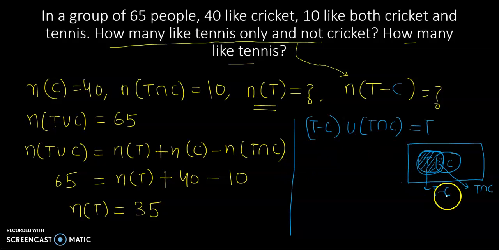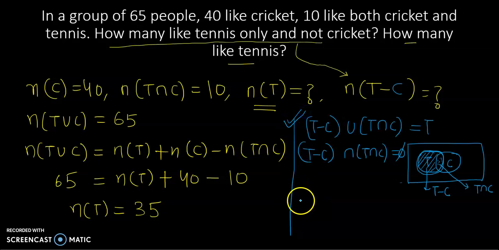In the same way, if you see their intersection, there is nothing common between T minus C and T intersection C. So if I write (T minus C) intersection (T intersection C), that is phi. I can use either of these results to find my answer. I'll use the first one. So I'll put n on both sides.